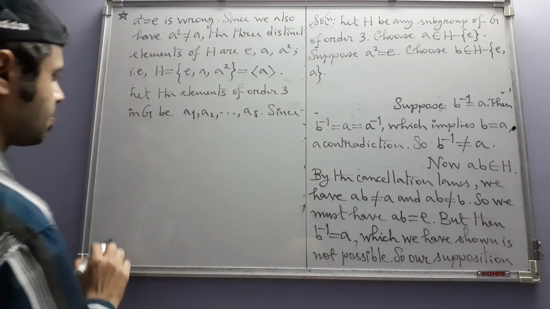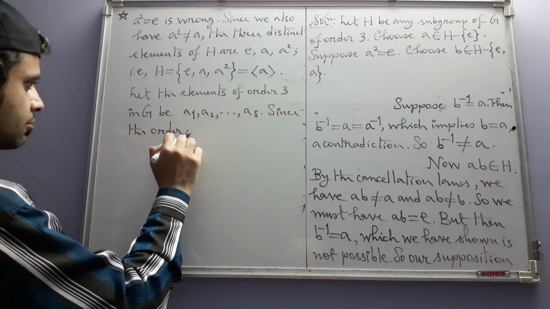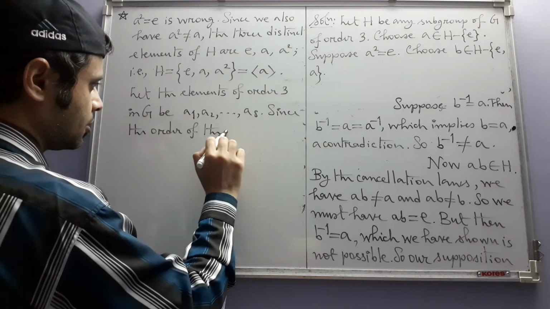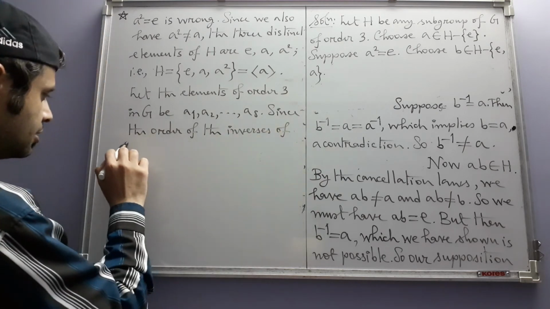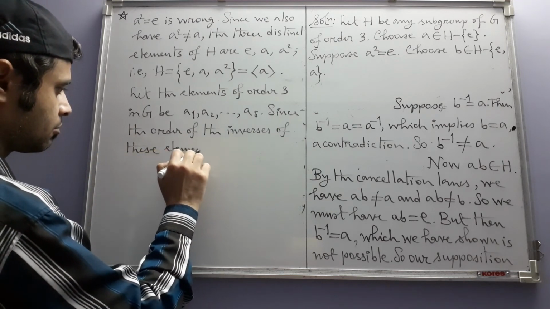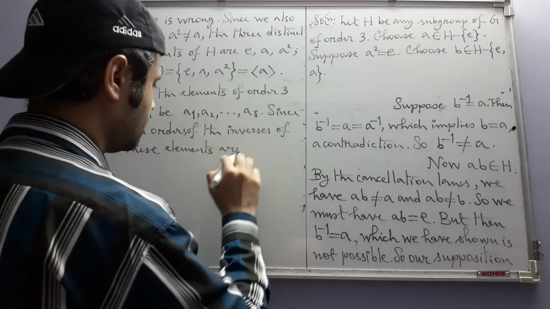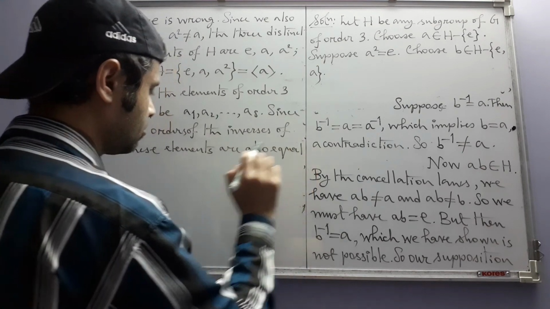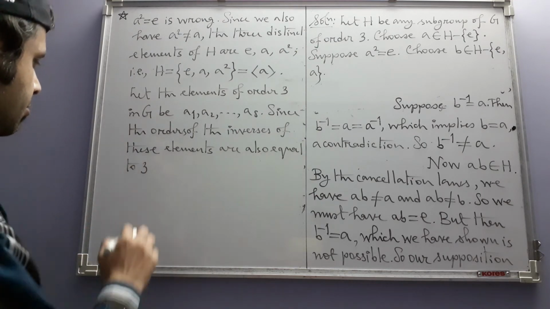Since the orders of the inverses of these elements are also equal to 3, they will be the same as the order of the original elements.